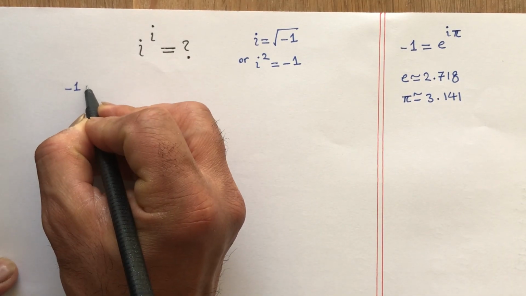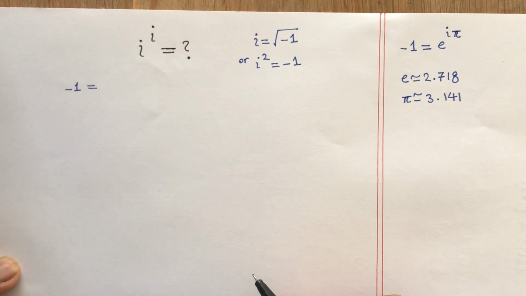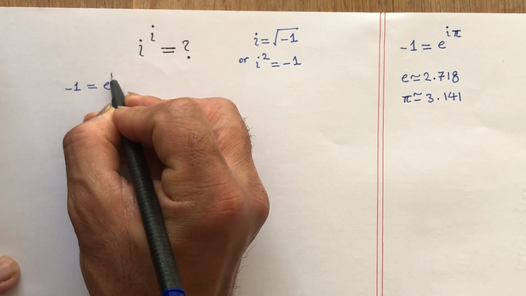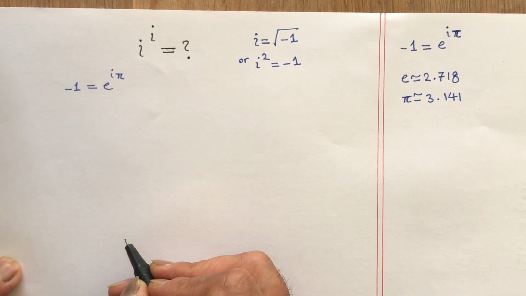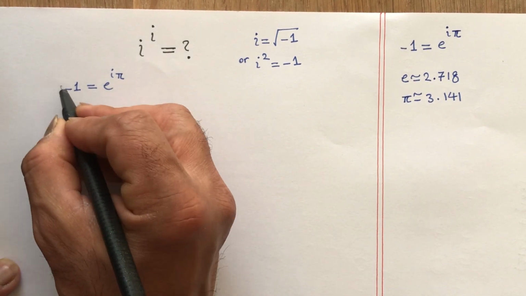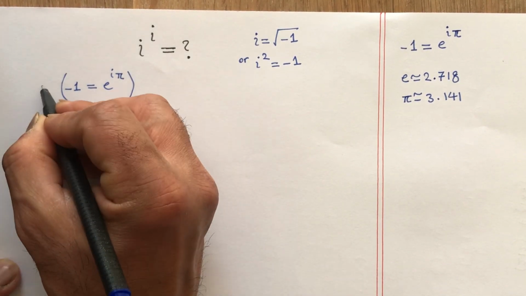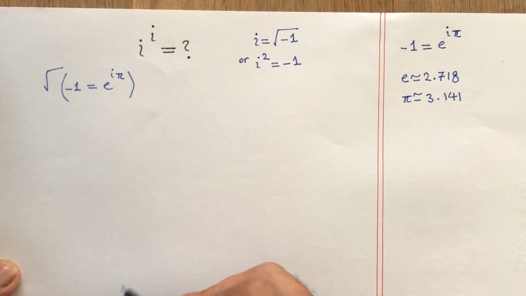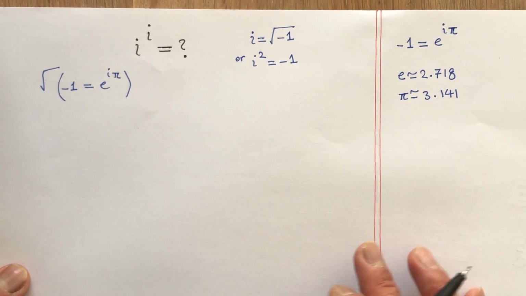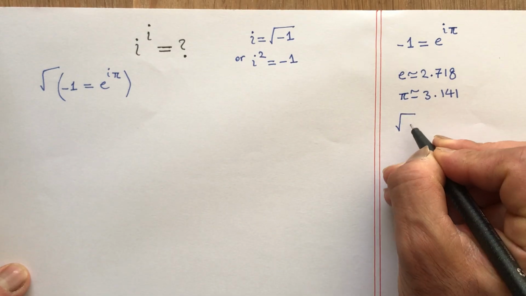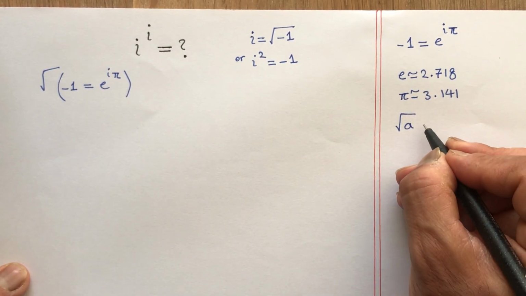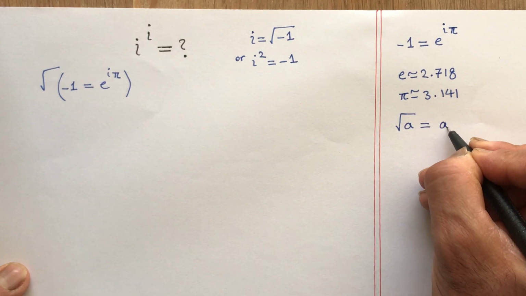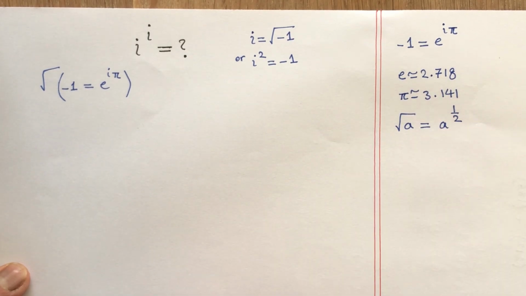-1 is equal to e to the power of i pi. If we take the square root of both sides, or raise them to the power of 1/2, because the square root of any variable a equals a to the power of 1/2.